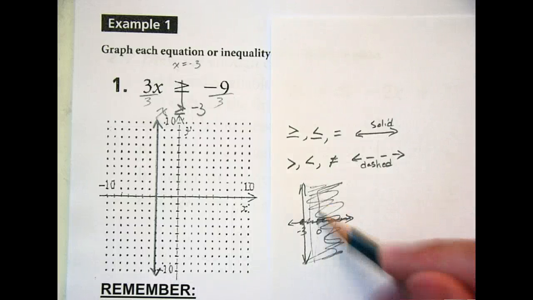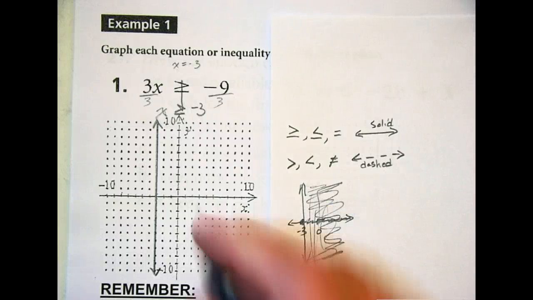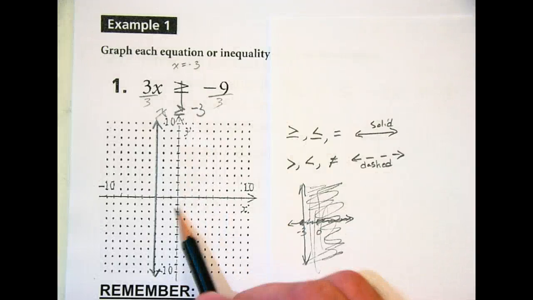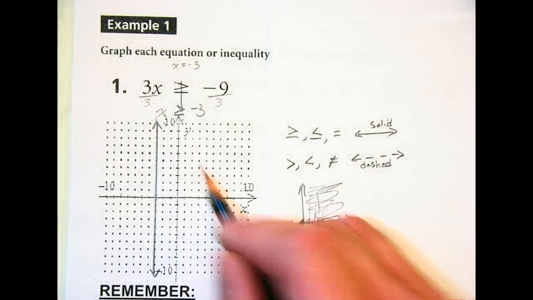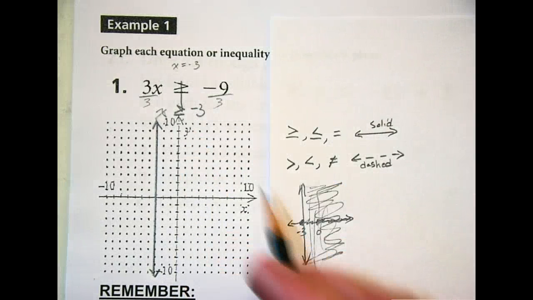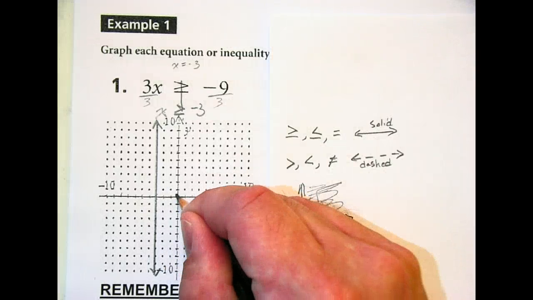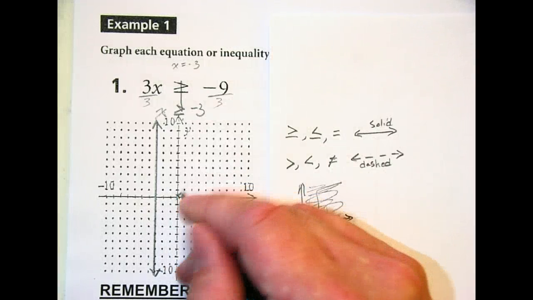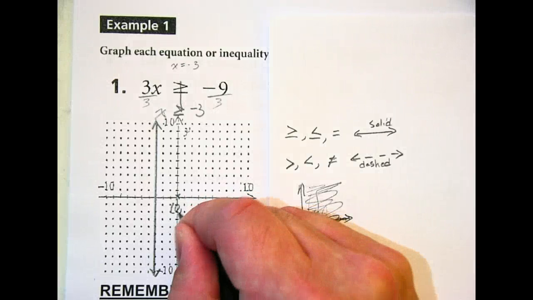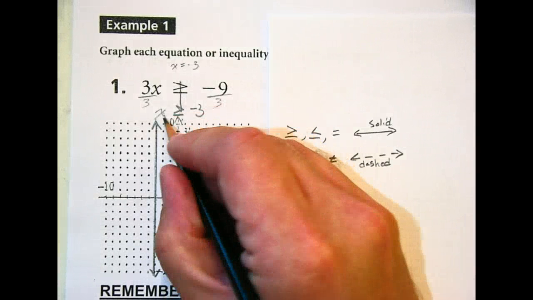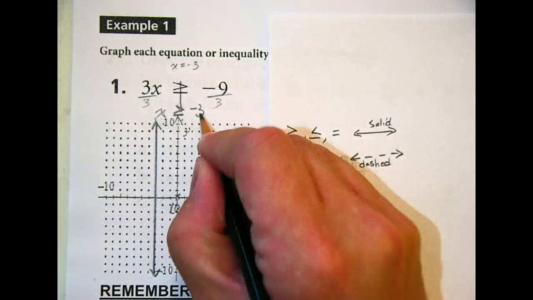Yep. Okay, the other thing is, rather than using your arrow to shade, the arrow's pointing to the left, so we'd shade to the left just like we did here. But you could also test this point, 0, 0. When I plug in the coordinate 0, 0, when I put 0 in for x, is 0 greater than or equal to negative 3?